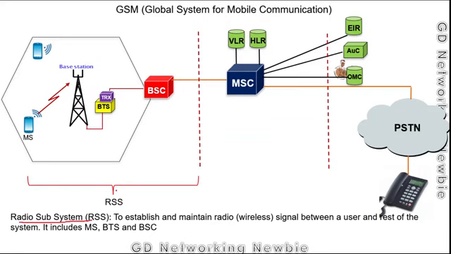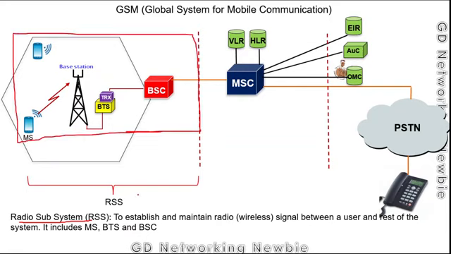This radio subsystem is used to establish and maintain the radio signal between a user and the rest of the system. So from here to here, this is known as the radio subsystem.